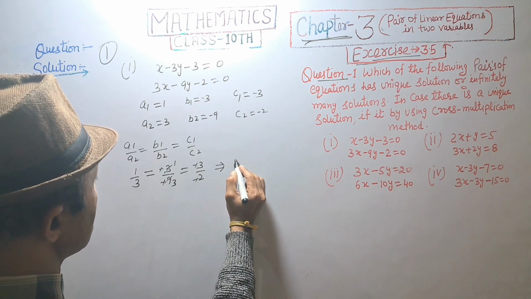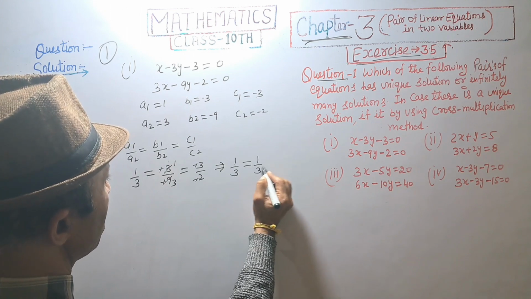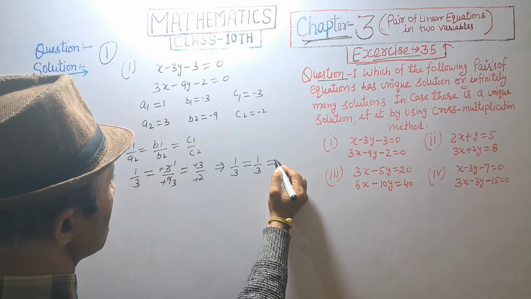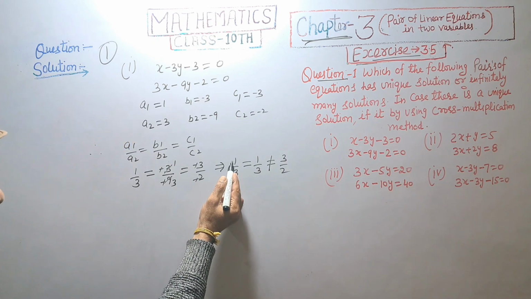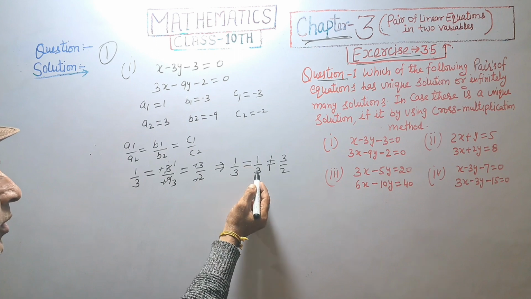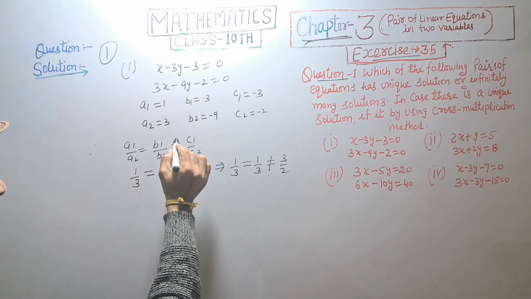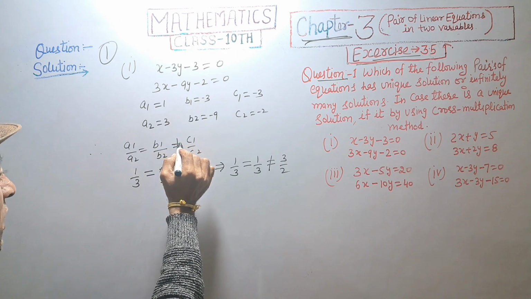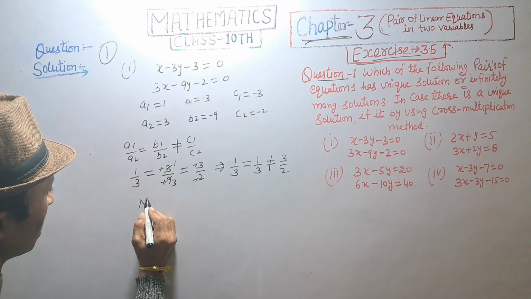This implies 1 upon 3 is equal to 1 upon 3 is not equal to 3 upon 2. A1 upon A2 equal to B1 upon B2 is not equal to C1 upon C2.